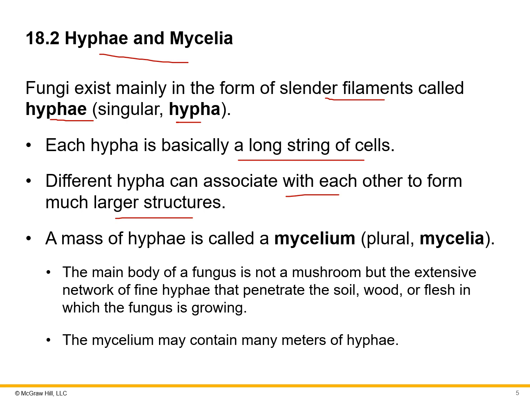And the large structures or a mass of these hyphae are then called mycelium, or mycelia is plural. So the main body of the fungus is actually not the mushroom, but instead an extensive network of all these fine, small, thin hyphae that are down in the soil or in the wood from which the fungus is growing.